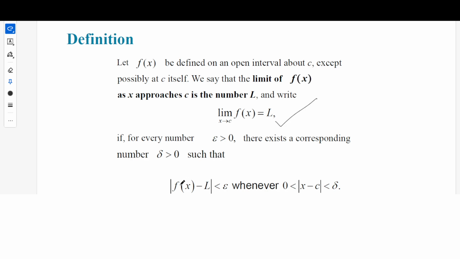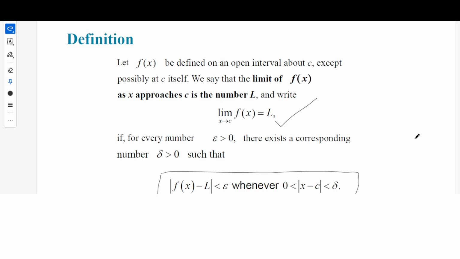If the difference between them is a small value, like the positive number epsilon, then we should be able to find a small value delta such that the difference between x and c is less than delta. Keep in mind, this is the absolute value, so difference means it could be on the left side or right side. This is the value of y and this is the value of x. So this is the precise definition. The meaning of limit is this one.